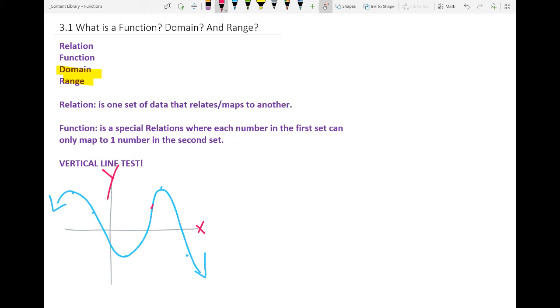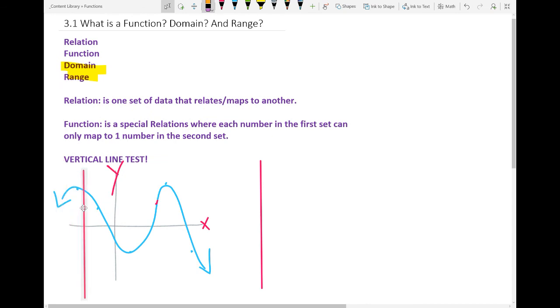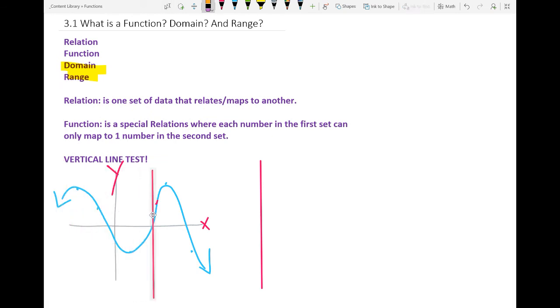If there were a mistake and this was not a function, then you could pass a vertical line through the graph, and as long as that vertical line touches this blue graph only once at a time, then you do have a function.